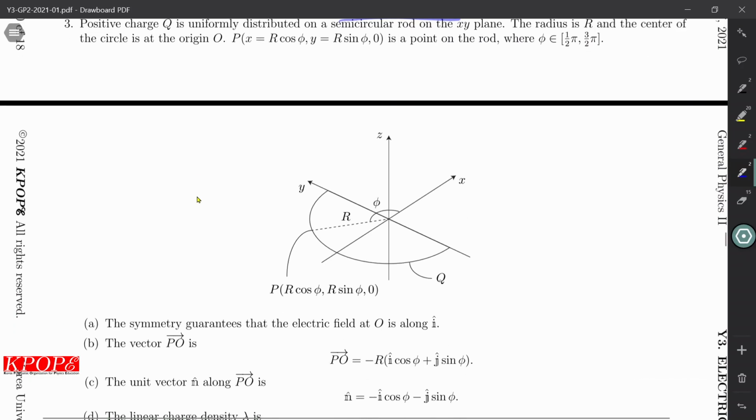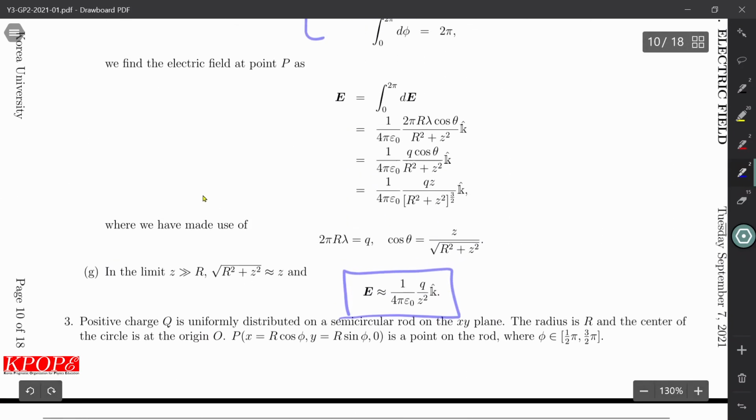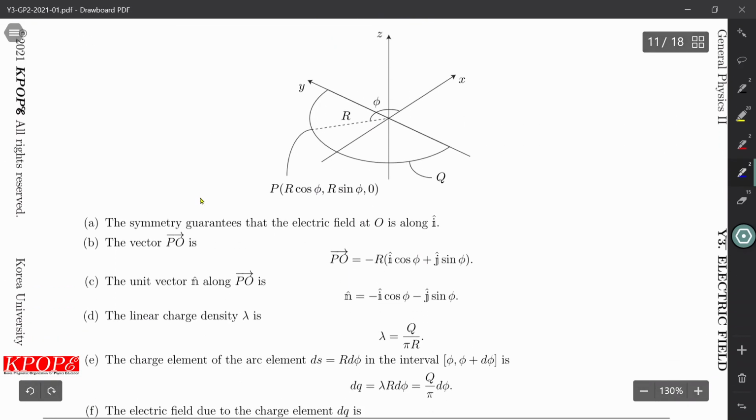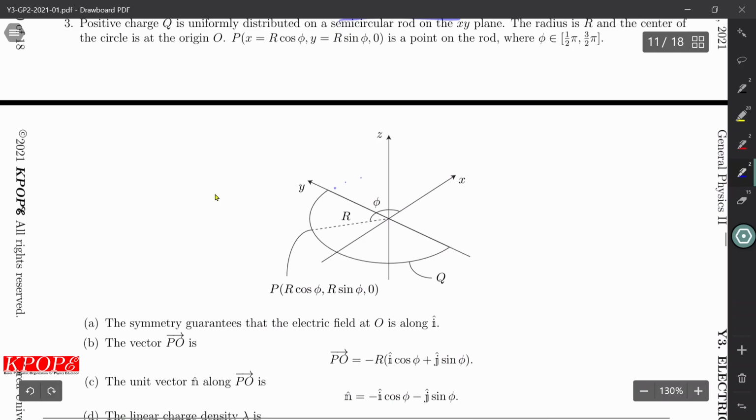In a similar manner, now consider a semicircle.